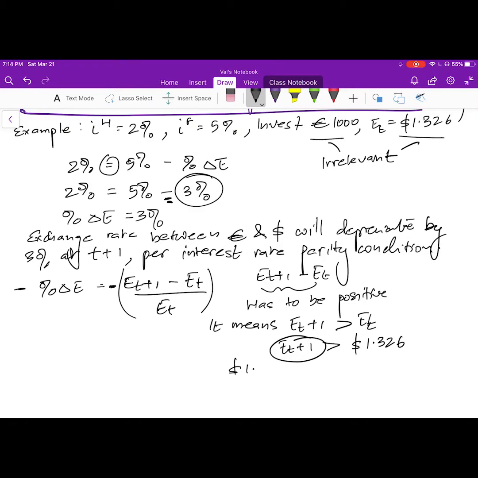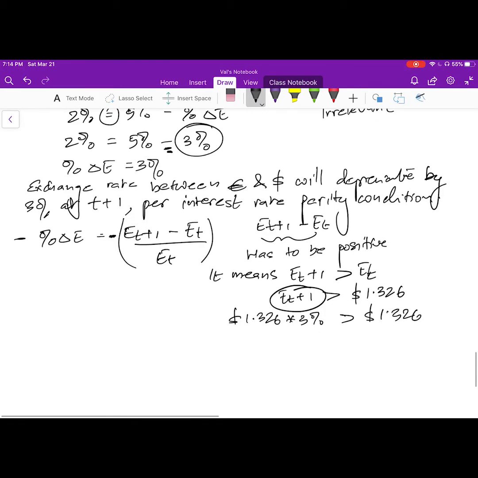So let's do the math. That's the only way this condition is met, right? I'm going to use a calculator.